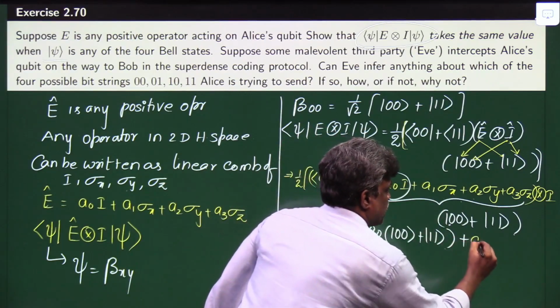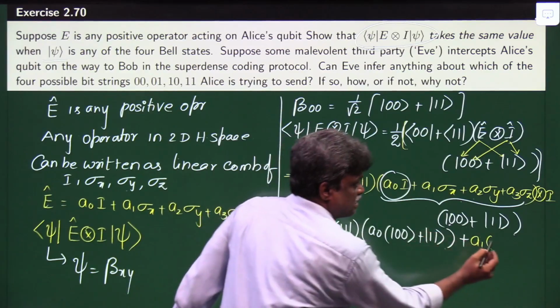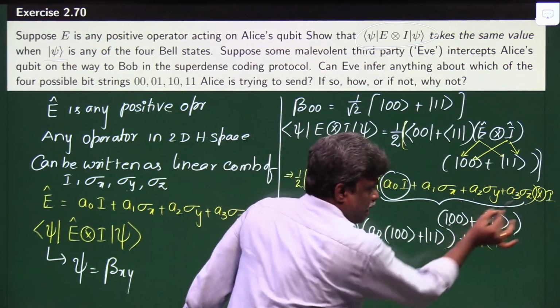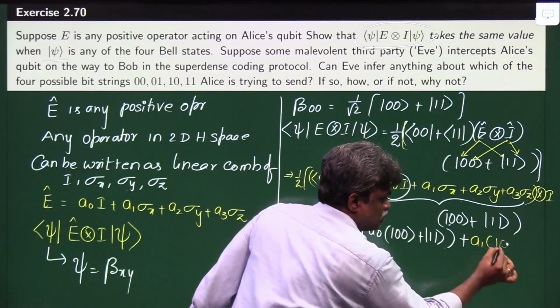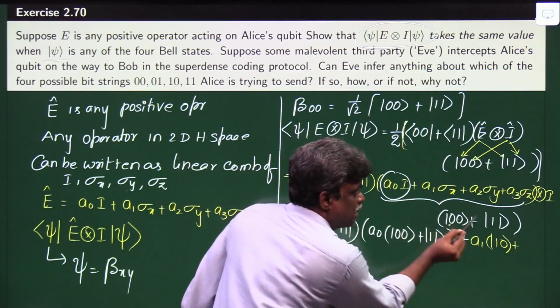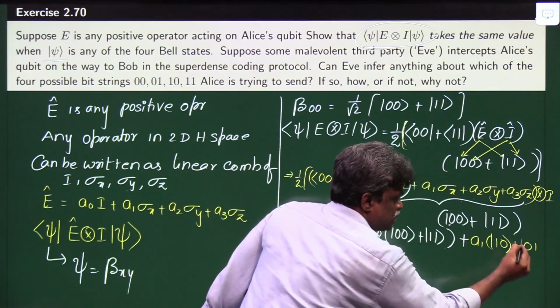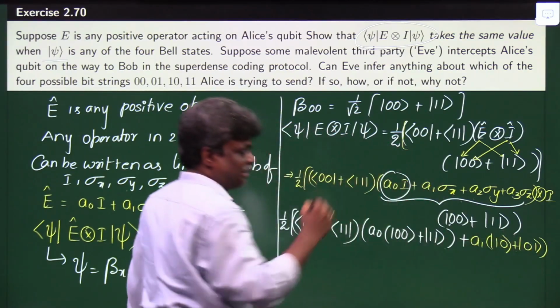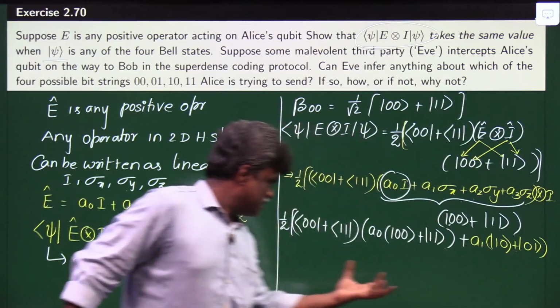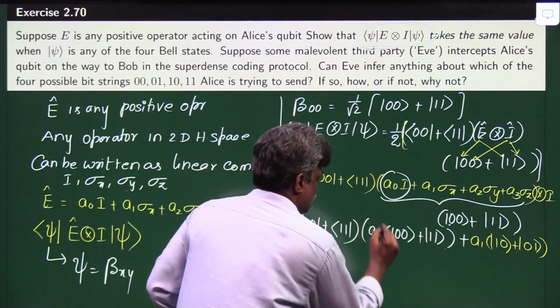So here, if you observe carefully, A1: this sigma x operates on the first, you get 1, and I operates on 0, so |00⟩. Observe carefully, not at all difficult. And sigma x operates on 1, it's a 0, and I operates on 1, it's a 1 only. See, these two are quite different from this initial state. Okay, let us proceed.